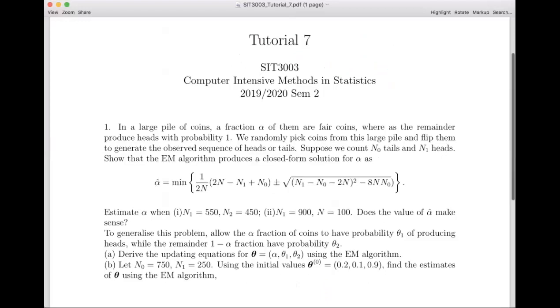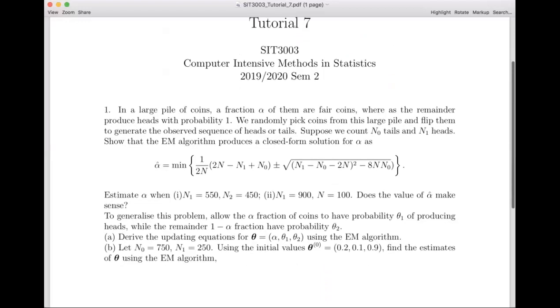So this is the EM algorithm question. I only have one question here, because if you can do this one question, you kind of have a good idea about the operational part of this algorithm.